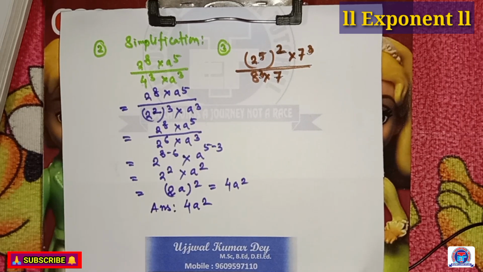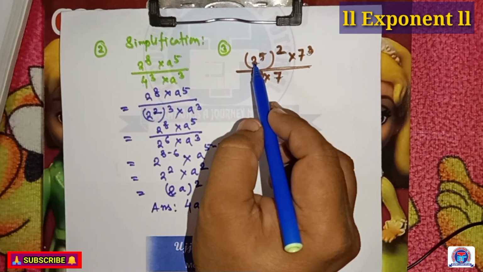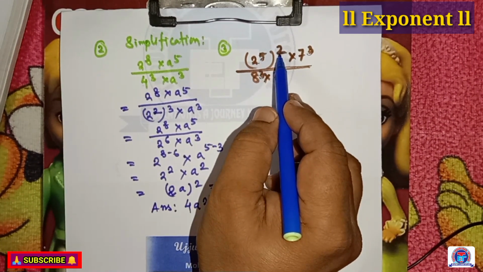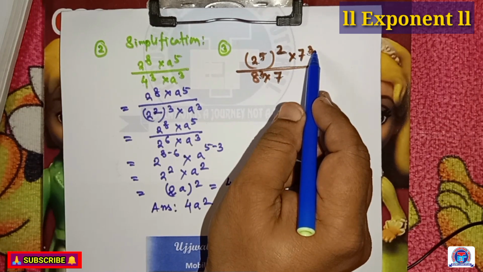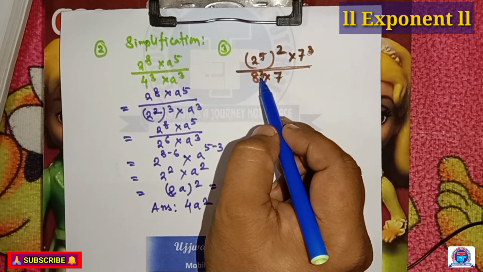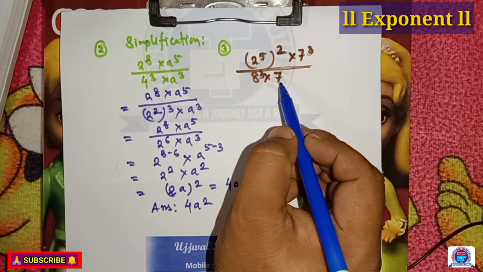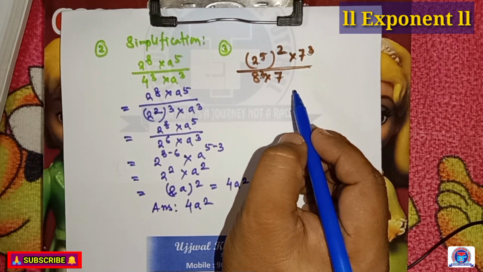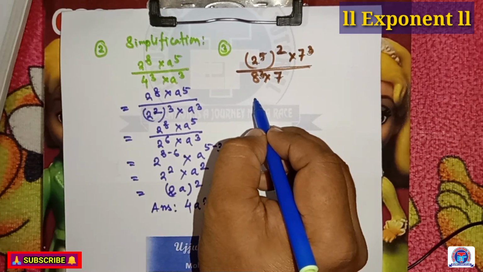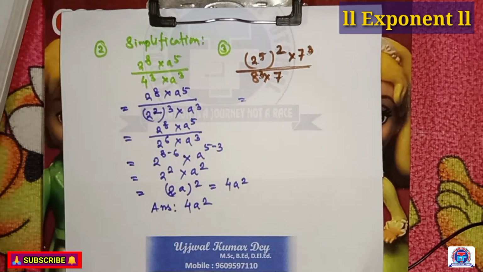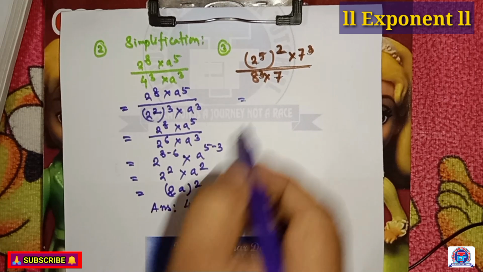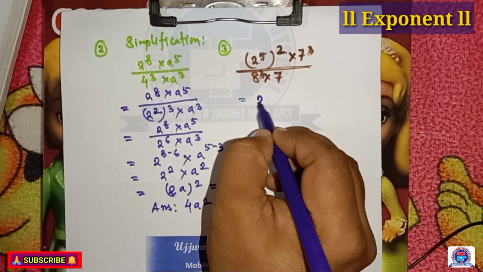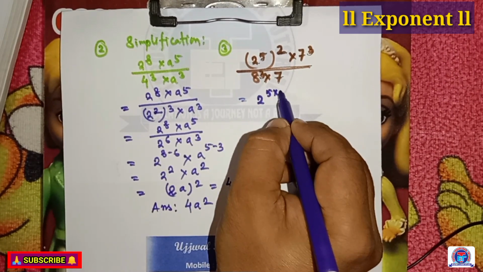Now the another mathematical problem, here it is given: 8 to the power 5 whole to the power 2 into 7 to the power 3 divided by 8 to the power 3 into 7, correct? So we can write this problem is equal to 8 to the power 5 into 2.